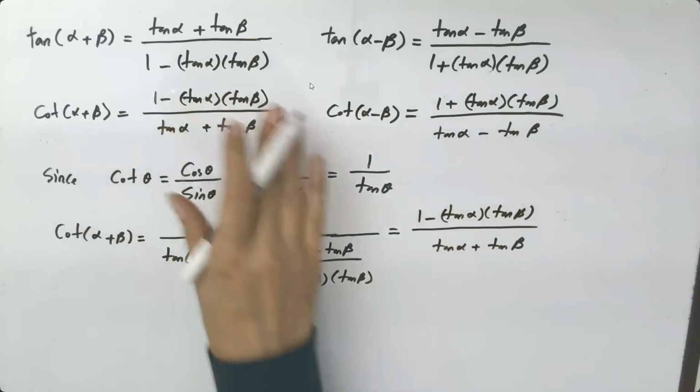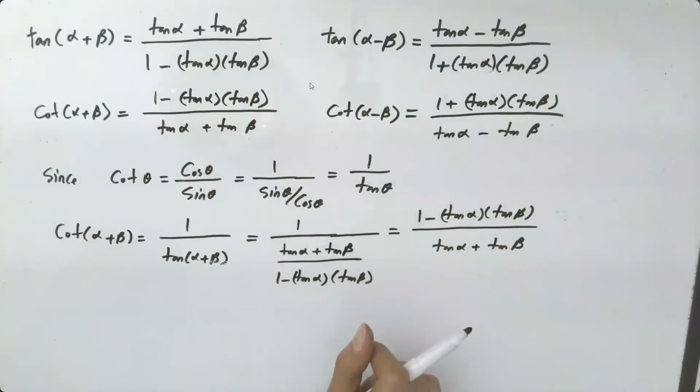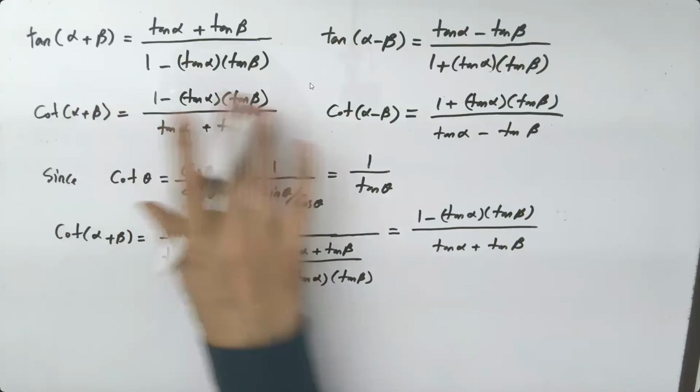So of course you can convert these all into your cotangent, or you can leave this as is.